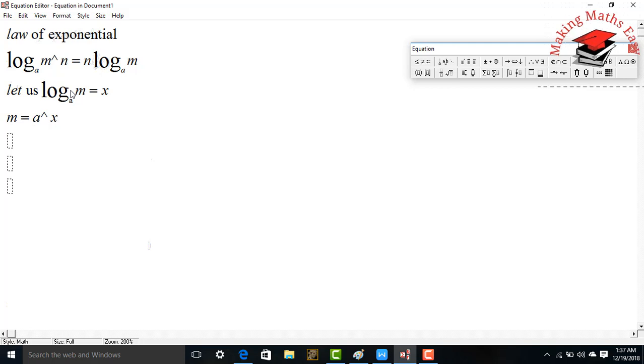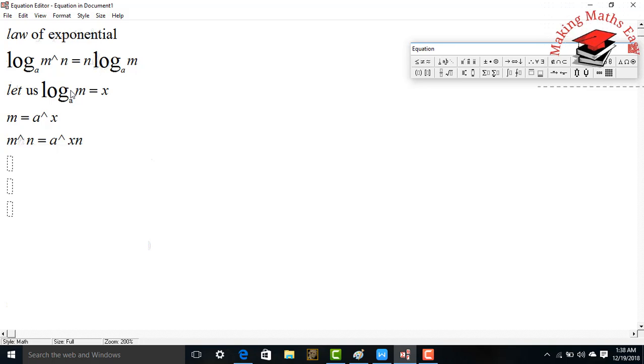Now come down here. So m raised to n is equal to a raised to xn. We have taken the power of n on both the sides, right hand side as well as left hand side.